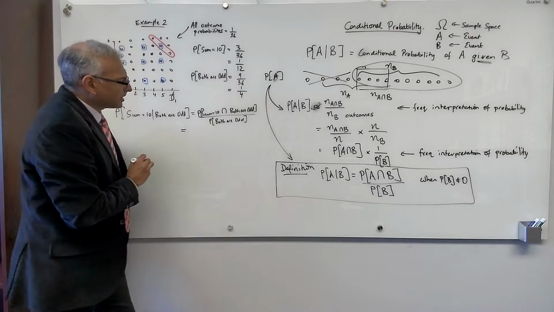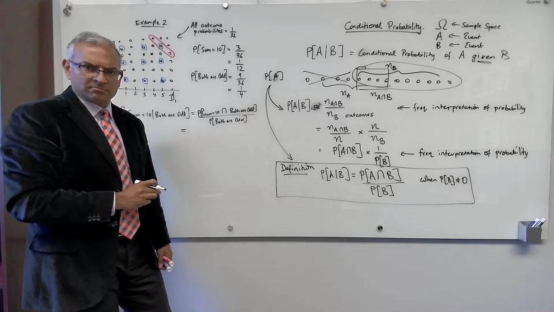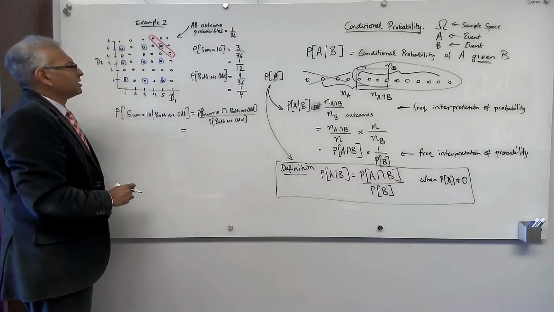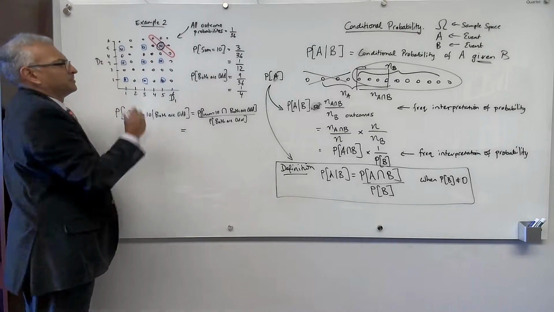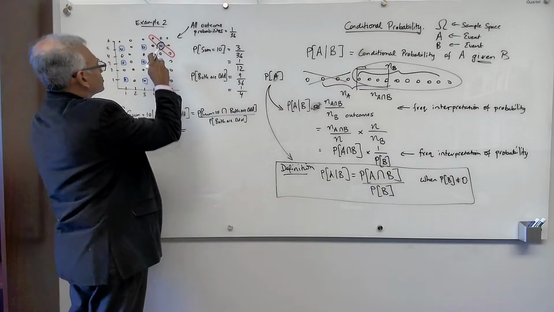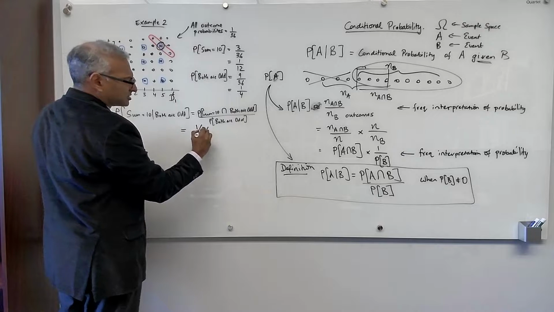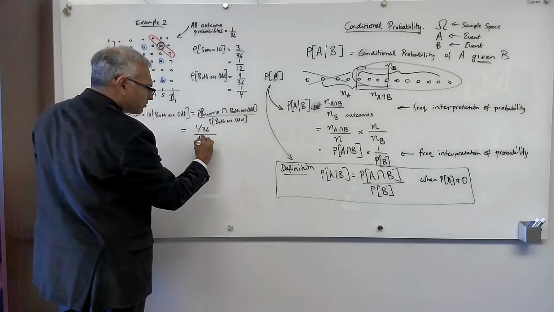Now we need the intersection of the sum being 10 and both being odd. We need to look at the intersection of these two sets, and there's only one outcome here. And so the probability that the sum is 10 given that both are odd is just 1 over 36 divided by the probability that both are odd, which is 1 over 4.